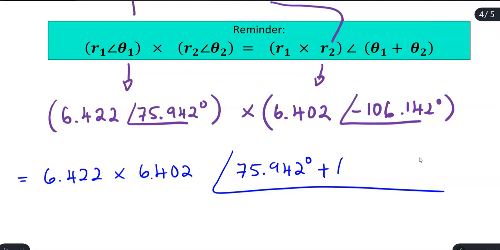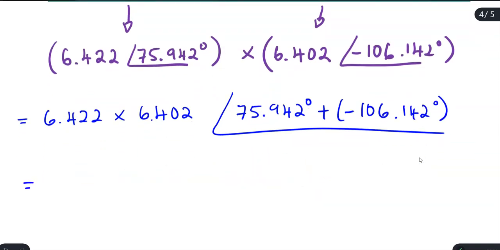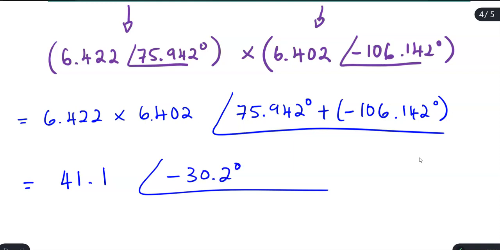And then I add that with negative 106.142 degrees. So when I'm adding the arguments, I will have negative 30.2 degrees. And multiplying these two numbers, I will have 41.1 as 3 significant digits.